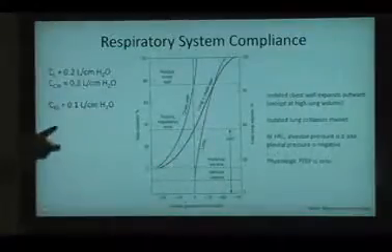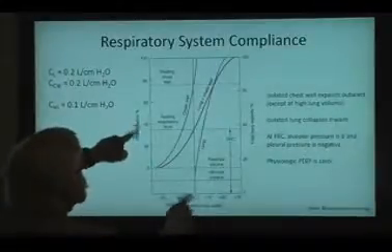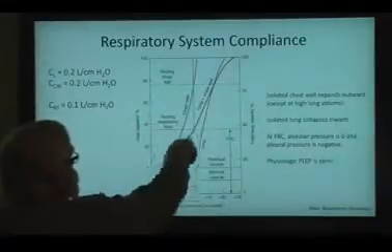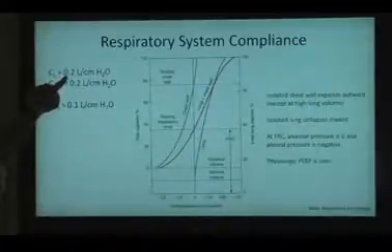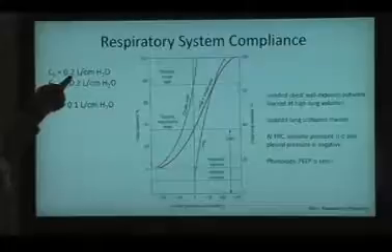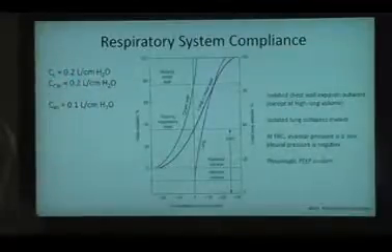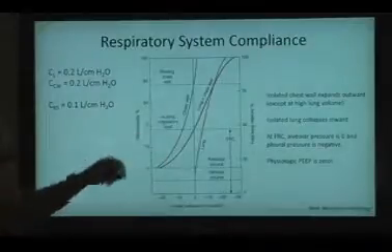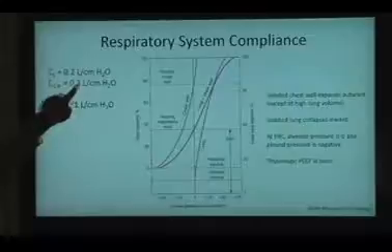The normal compliance, the slope of this volume-pressure relationship, for the lungs is about 0.2 liters, or 200 milliliters, per centimeter of water. The normal compliance of the chest wall is also about 0.2 liters per centimeter of water.